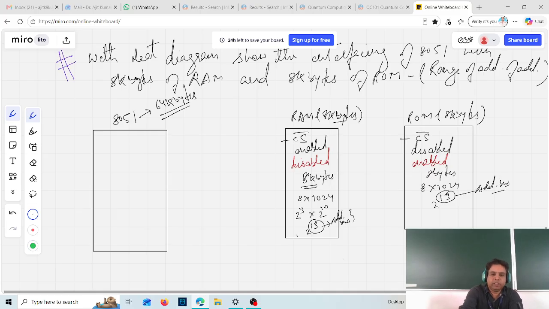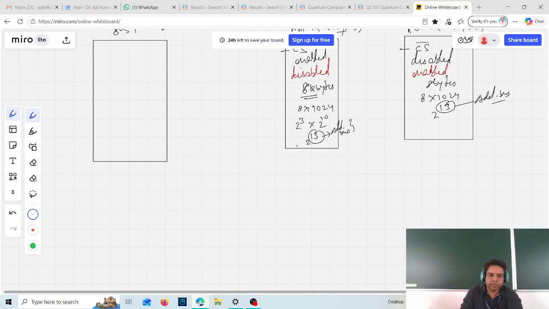So what is the meaning of a 13-bit address bus? A 13-bit address bus means A0 to A12.